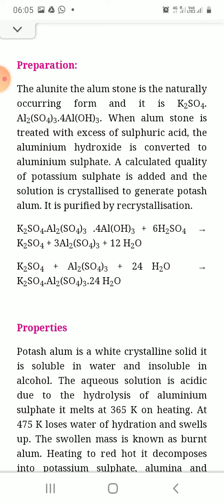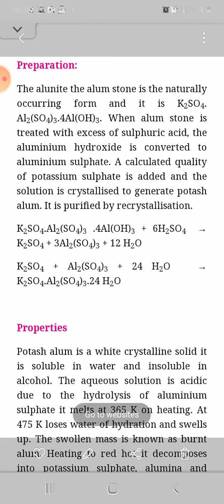So this is the natural form. Then the alum stone is treated with excess sulfuric acid. The aluminum hydroxide is converted into aluminum sulfate.